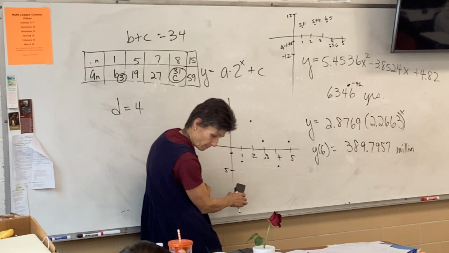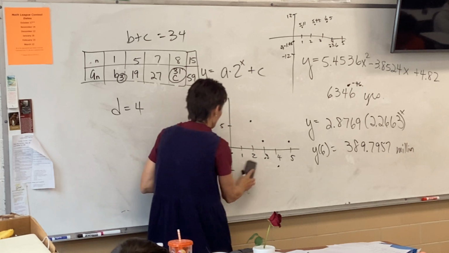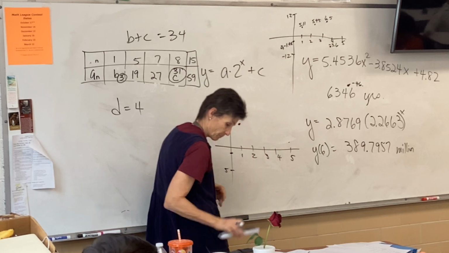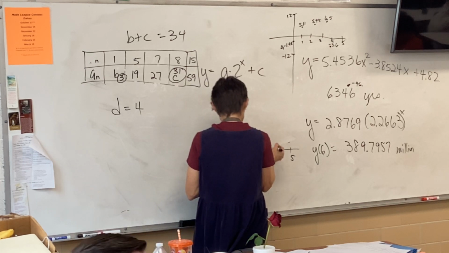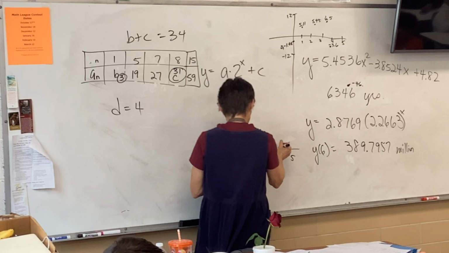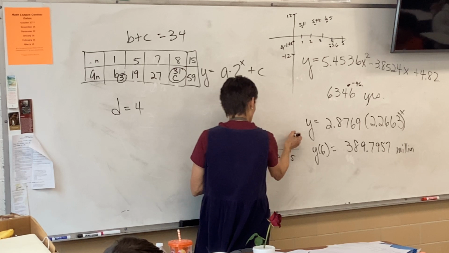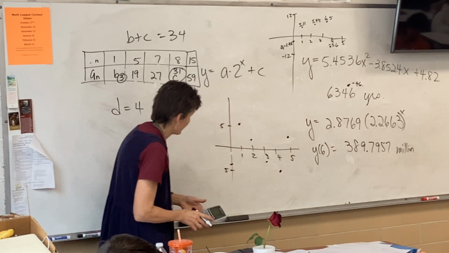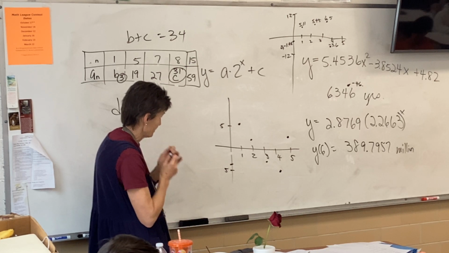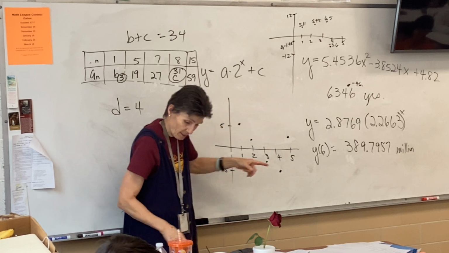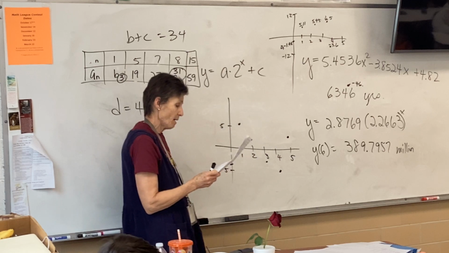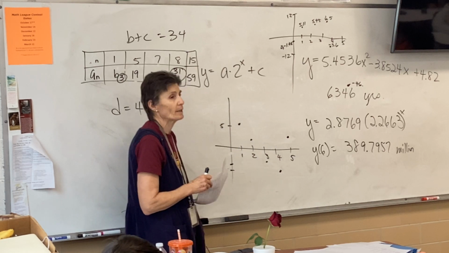So the first one was -3, the next one was 5. Alright, so that was the plot I got for my quadratic. Alright, so I got that thing up there and this thing right here, and now choose the best model and explain your choice.